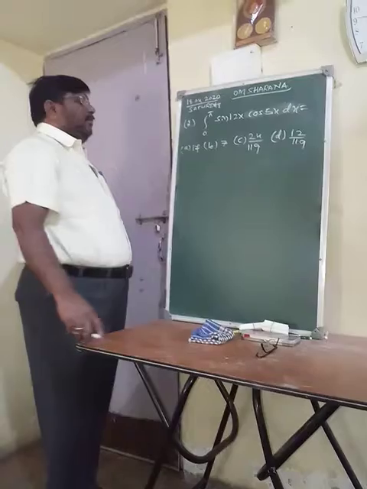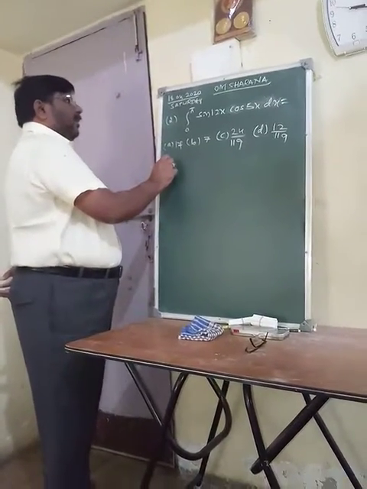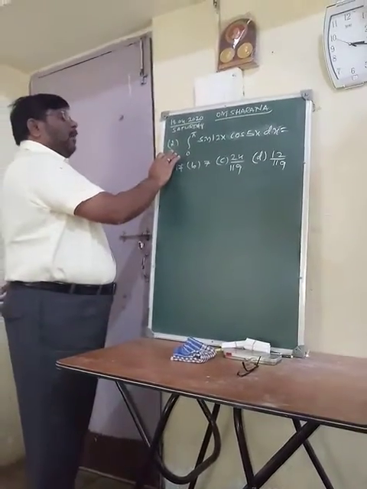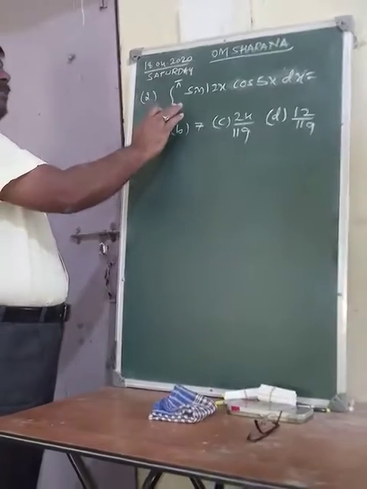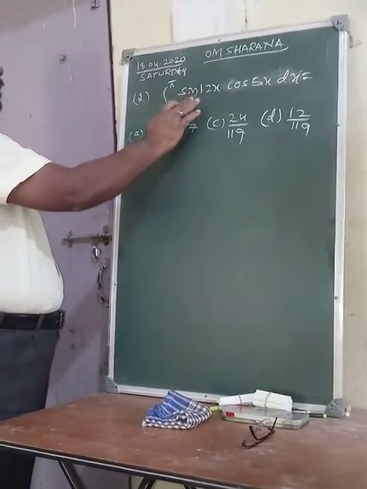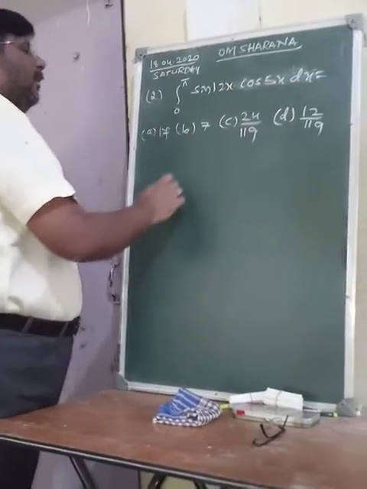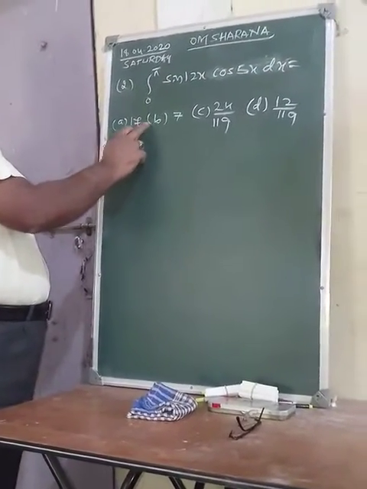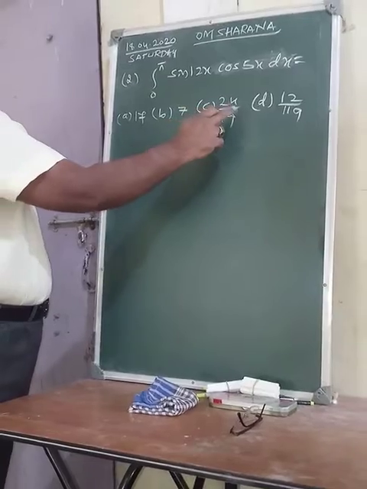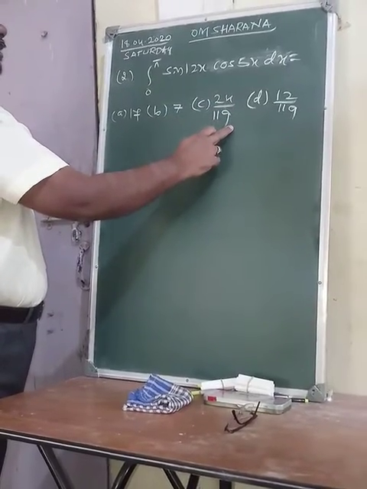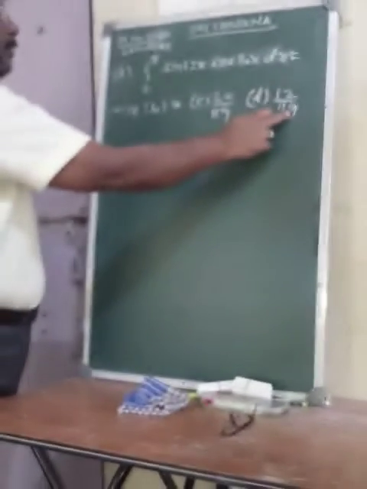Well, now let us see the second problem. Integral from 0 to pi sin 12x into cos 5x dx equals. Options are 17, 7, 24 by 119 and 12 by 119.